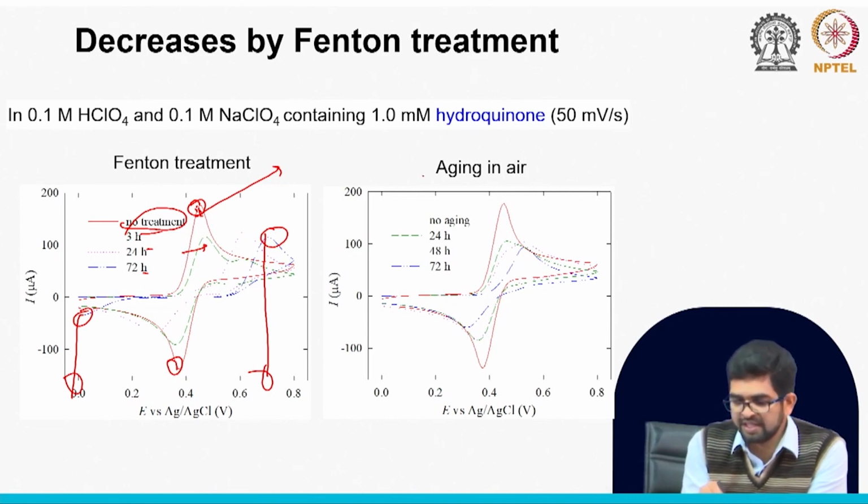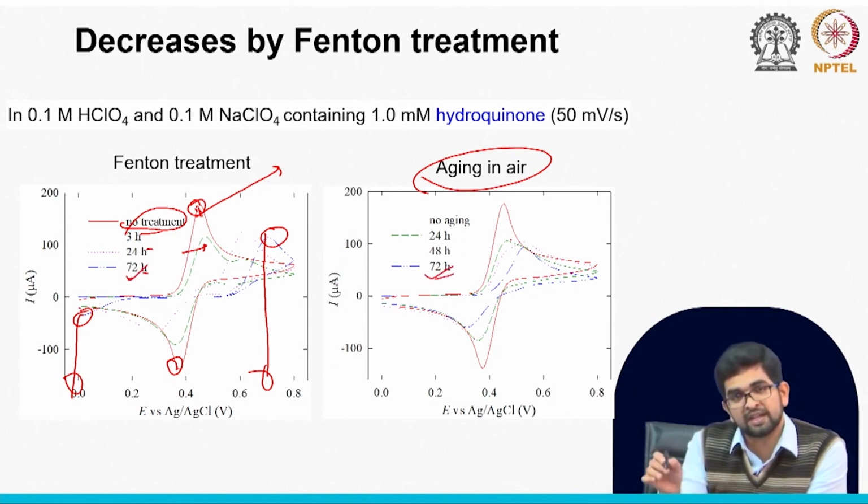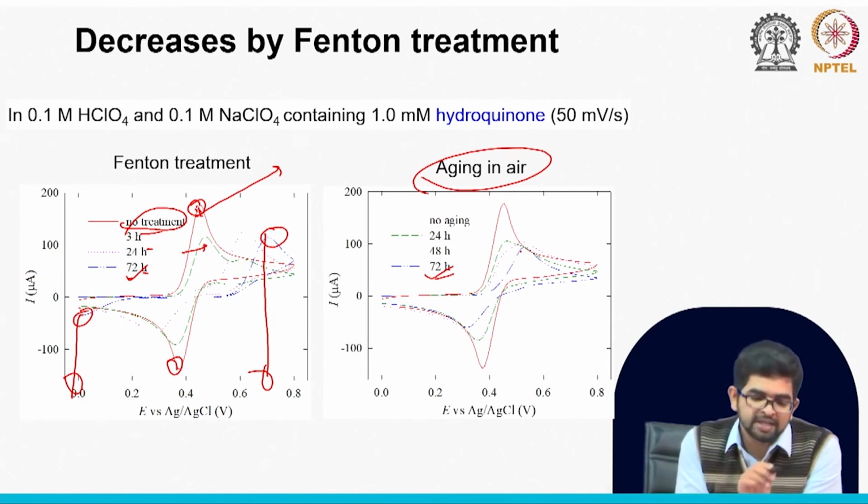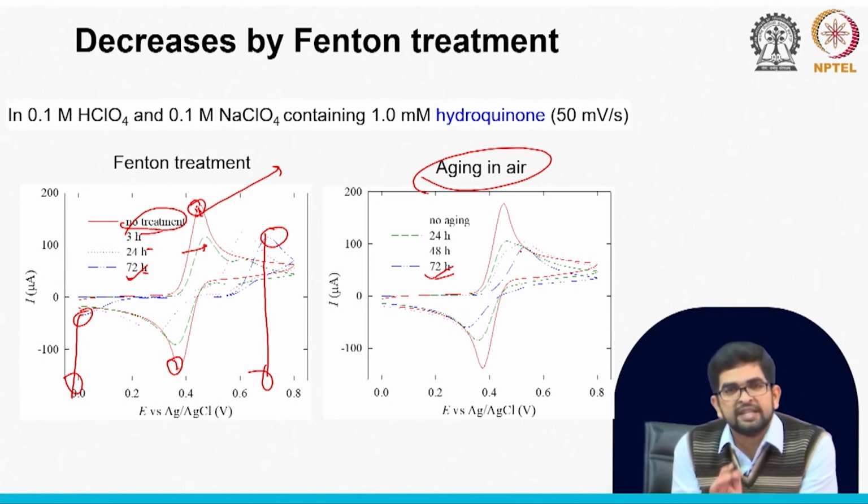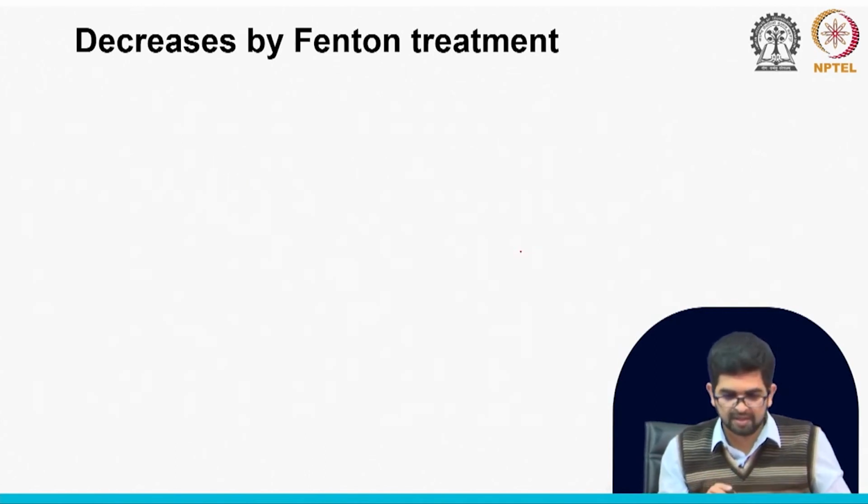There are also certain aging effects, since 72 hours of aging can affect it. As I told you, if you store for a longer time, aging can decrease the activity very slowly, but Fenton's can decrease the activity rapidly, very fast. So you should remember that.